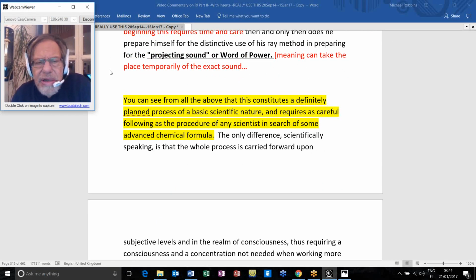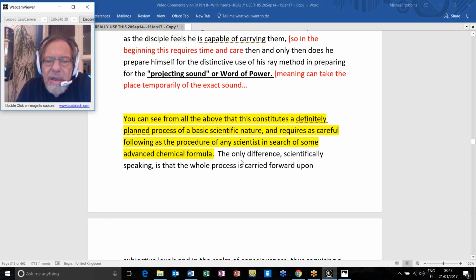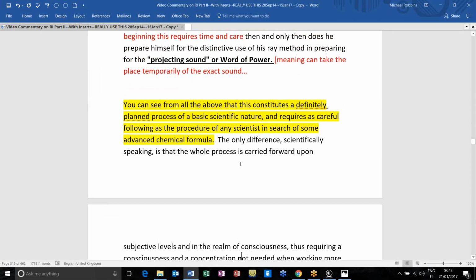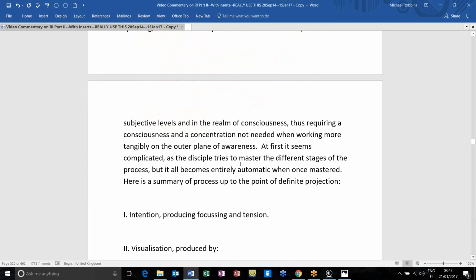The only difference, scientifically speaking, is that the whole process is carried forward upon the subjective levels and in the realm of consciousness, thus requiring a consciousness and a concentration not needed when working more tangibly on the outer plane of awareness.